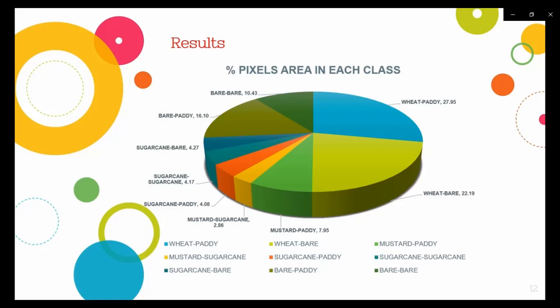So that means in Rabi season, the wheat crop is being rotated with another crop in the Kharif season, which is paddy. And in case of mustard to sugarcane, the Rabi season crop is mustard and the Kharif season crop is sugarcane.